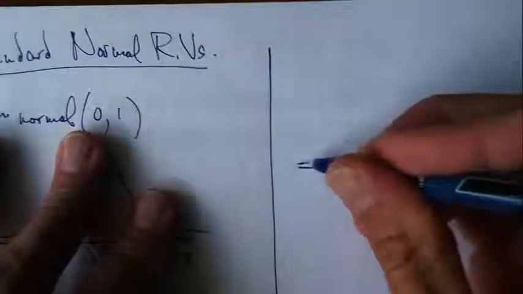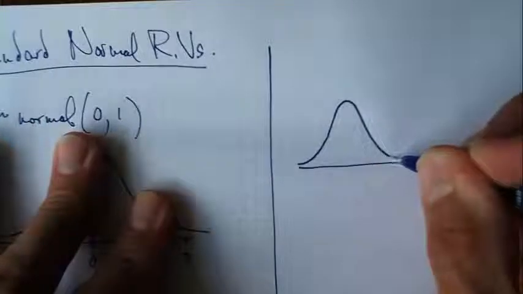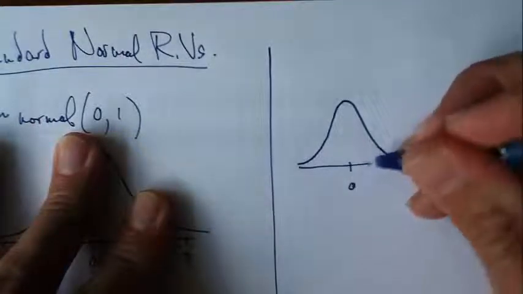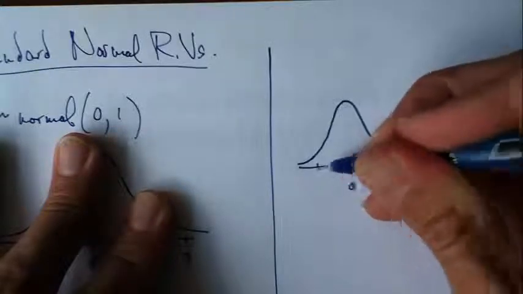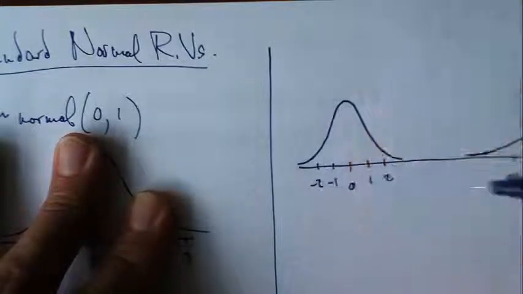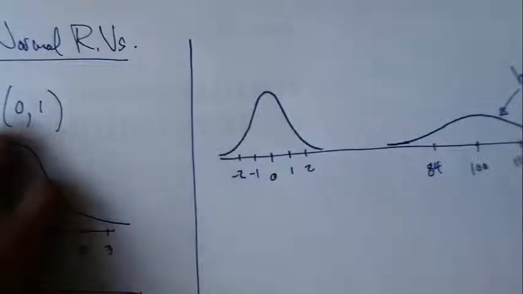But I do know how to find the 90th percentile for the standard normal. 0, 1, 2, -1, -2. Okay. So let's see. How can you find the 90th percentile for a standard normal?